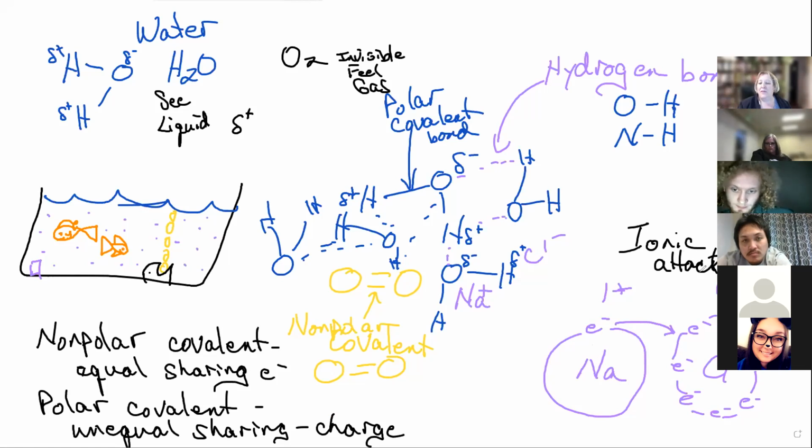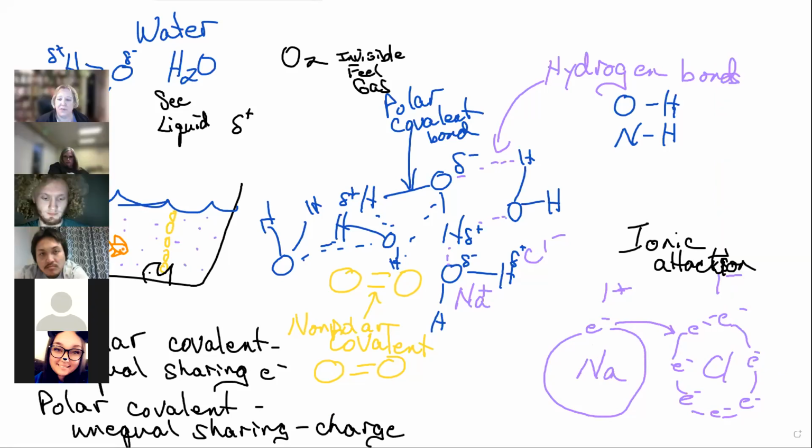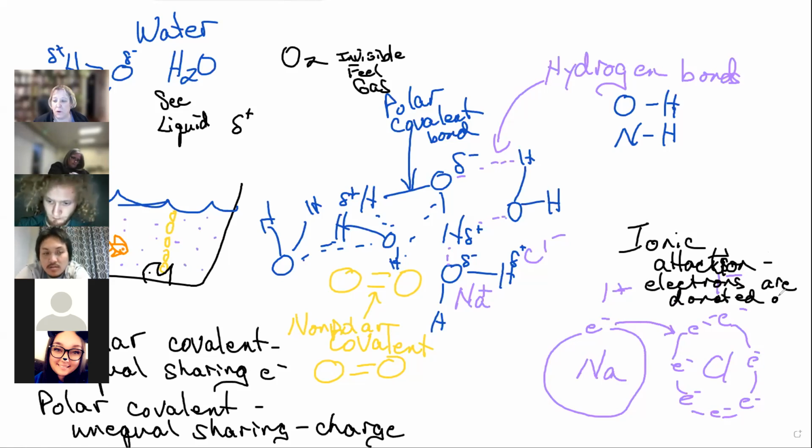Ionic attractions are where electrons are donated or received. So chlorine received an electron, sodium donated it, and there is a full charge.